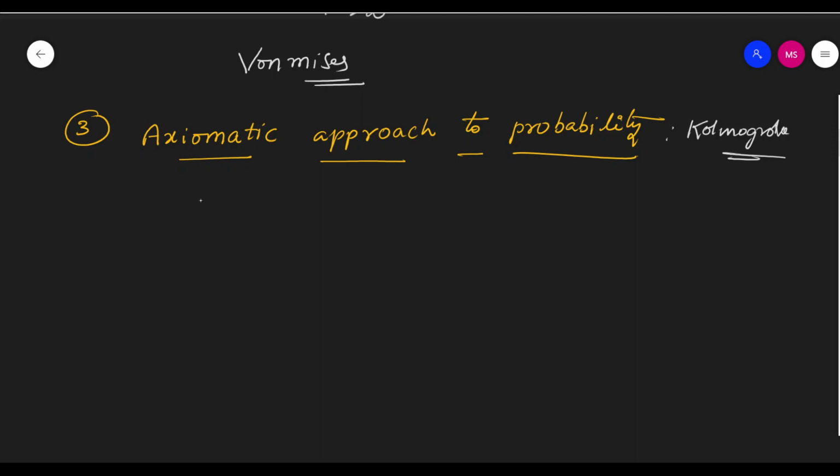Right, if a trial is conducted, there are n events. The events are A1, A2, and so on up to An.